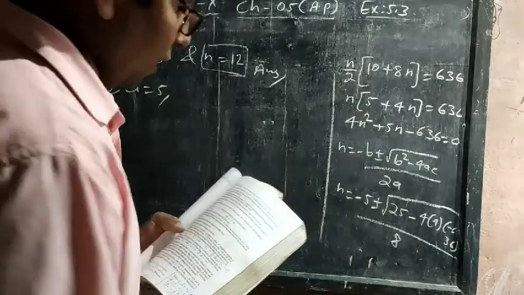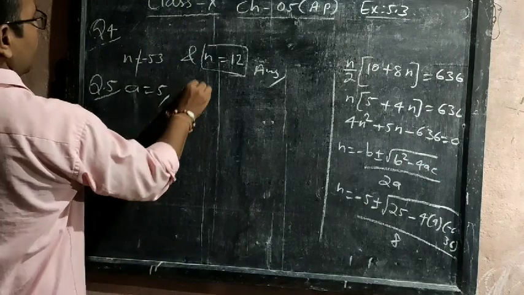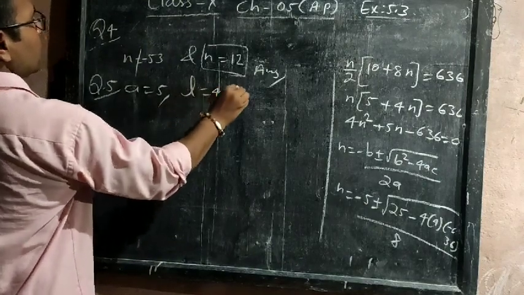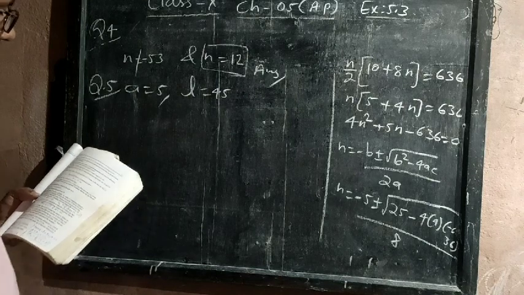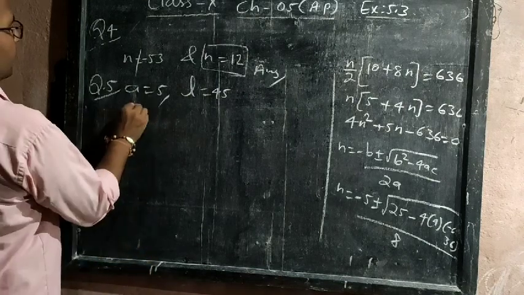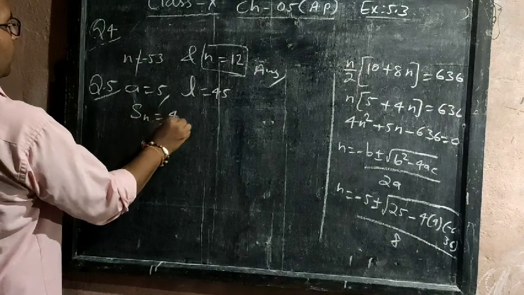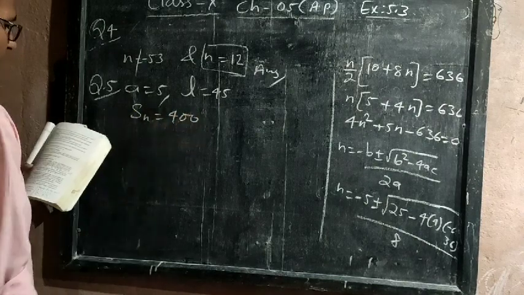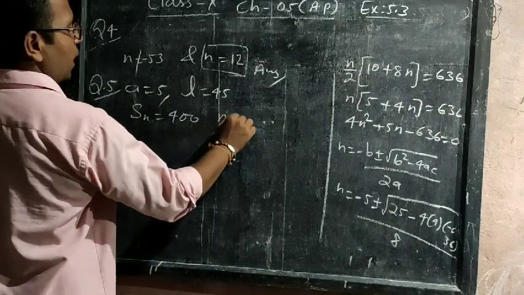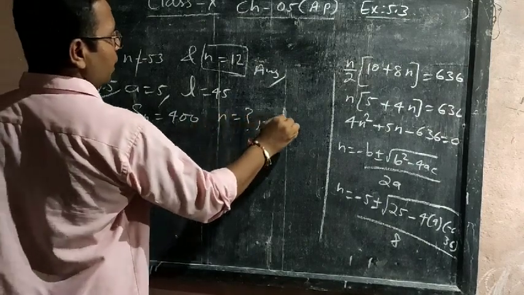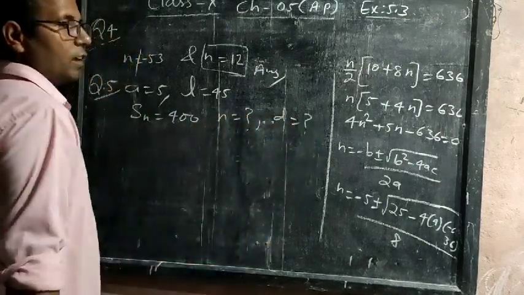The last term is 45, l is equal to 45. And the sum is 400. That means Sn is equal to 400. Find the number of terms and common difference. That means what is the n value and what is the d value. This much is the question asking.